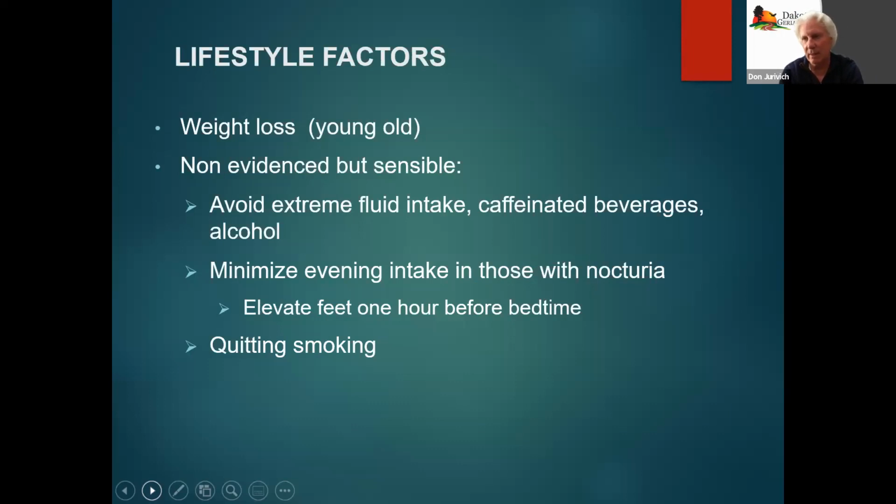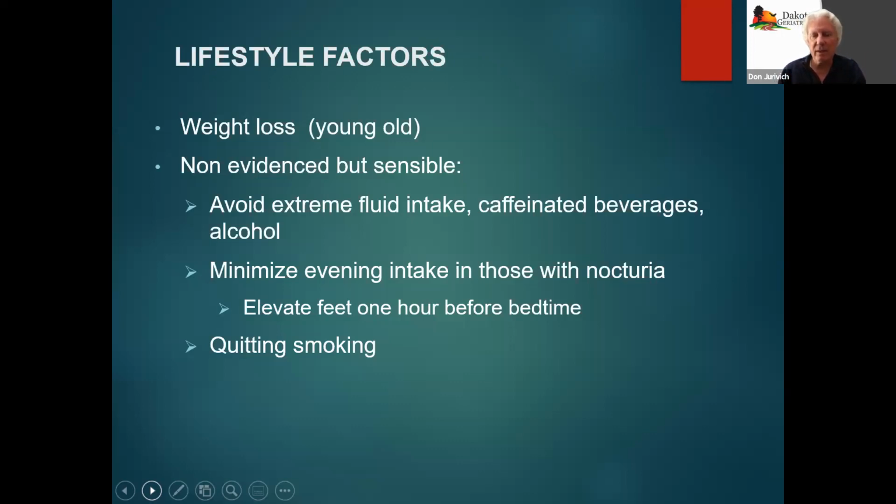Caffeine is a real biggie. People who drink 8 to 10 cups of coffee a day, they're real candidates for being over caffeinated and predisposing them to bladder issues. And then the alcohol. Remember the 2-for-1 rule, that basically 1 drink equals 2 drinks in older adults.